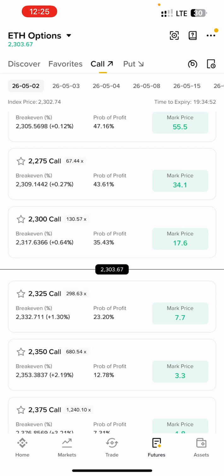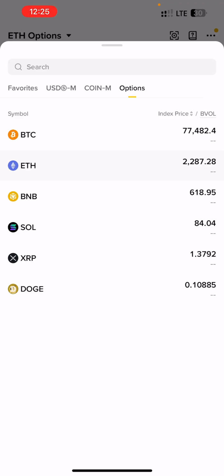Here I was once teaching someone how to trade options, so that's why you are seeing this here. Let me go back to the main futures. This one is options, this one is coin M. When we talk about coin M, it means I'm willing to trade these futures using coins like Bitcoin, Ethereum, Solana, Dogecoin, and so on, even all these new coins.